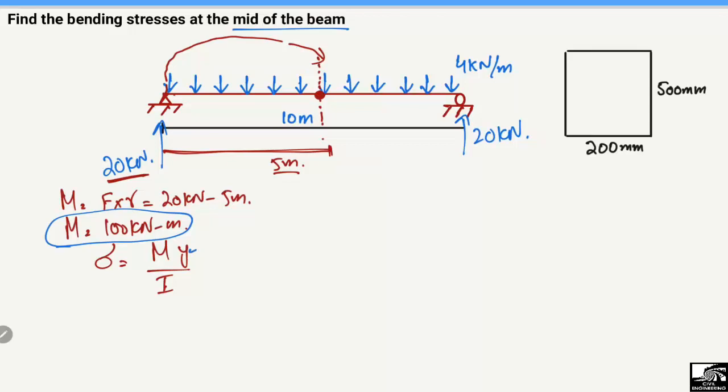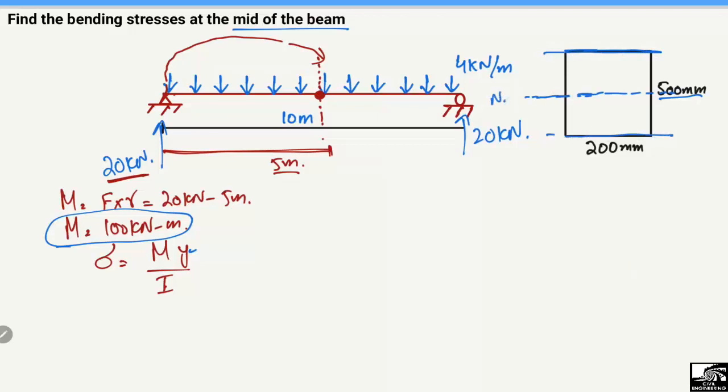Now what is y? If this is the neutral axis of the beam, this is a rectangle type of beam, so the neutral axis will lie at half of this 500. So y is the distance from where you want to find the stresses. We want to take the bending stresses at the top of the beam or at the bottom of the beam.